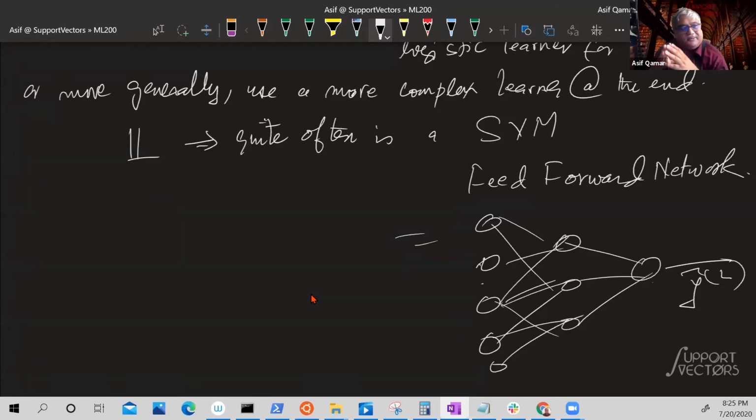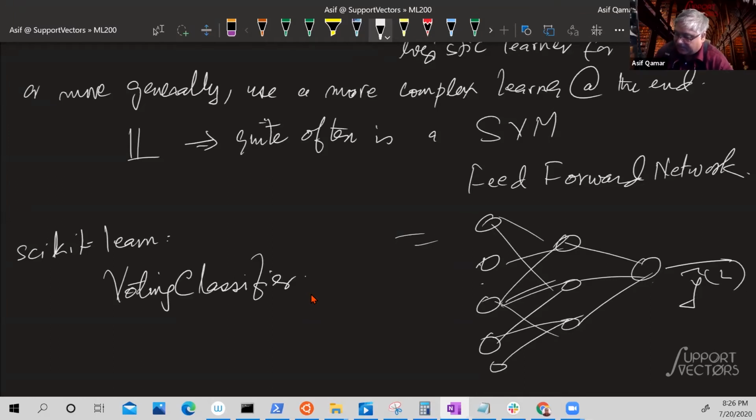Now, some of you I mentioned that bagging you can do with any sort of classifiers. You don't have to have all of them being trees. In fact, scikit-learn has the voting classifier, in which you give it classifiers C1, C2, and likewise the voting regressor, and it will take the votes of each of these learners, like a committee.